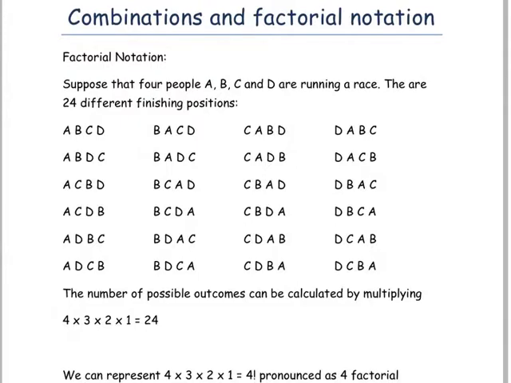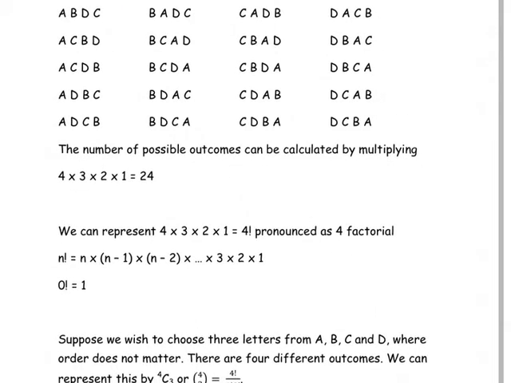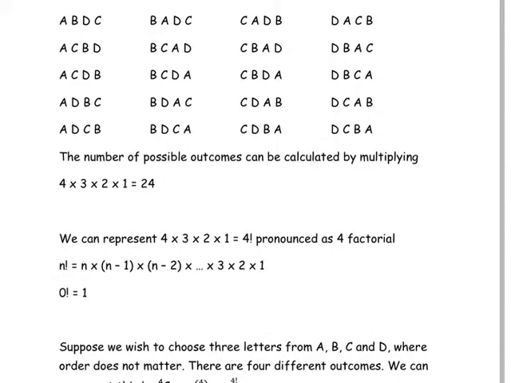And this 4 times 3 times 2 times 1 can be represented as shown by 4 factorial. And this notation 4 factorial means 4 times 3 times 2 times 1. So 5 factorial means 5 times 4 times 3 times 2 times 1.